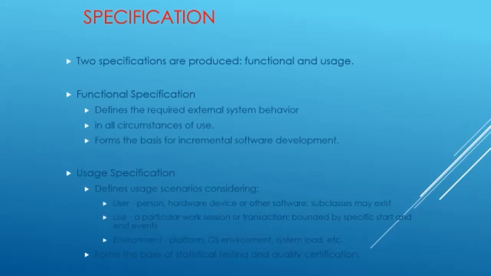The usage specification defines usage scenarios considering user, person, hardware device, or other software subclasses that may exist. It covers a particular work session or transaction bounded by specific start and end events, environment, platform, OS environment, system load, etc. It forms the basis of statistical testing and quality certification.